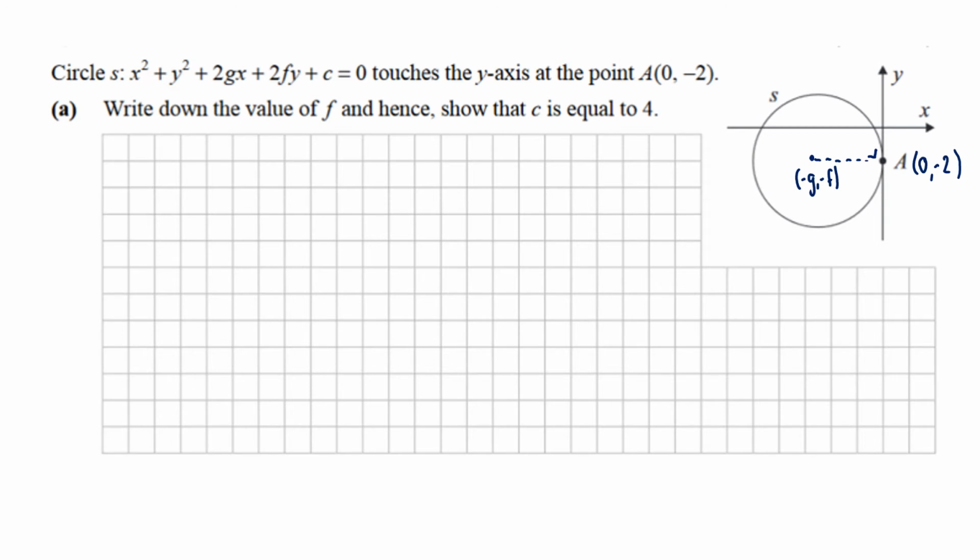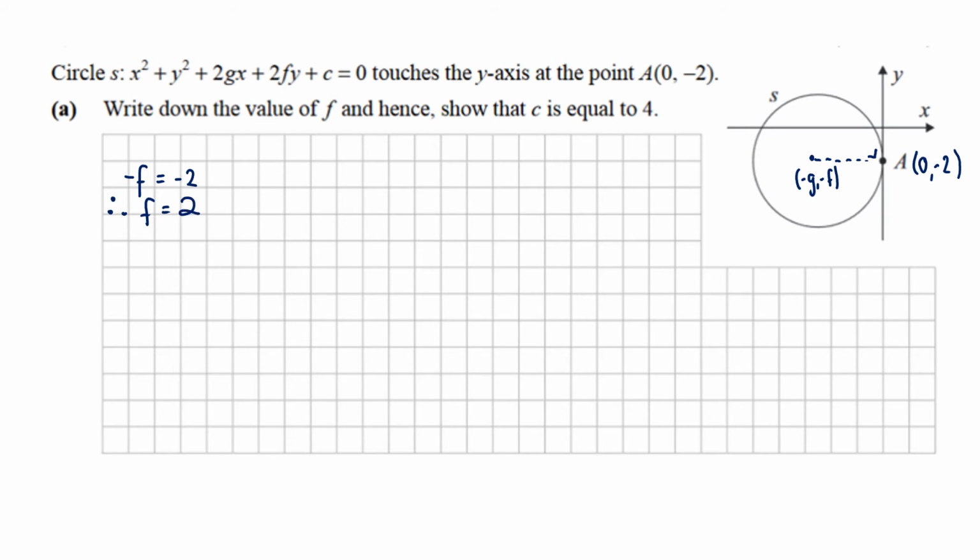That means that we're going to be able to use the y value of A to get the y value of our center point. So straight away, we know minus f is going to be minus 2, therefore f equals 2. So straight away from our little picture here on the right, we can pull out f equals 2.